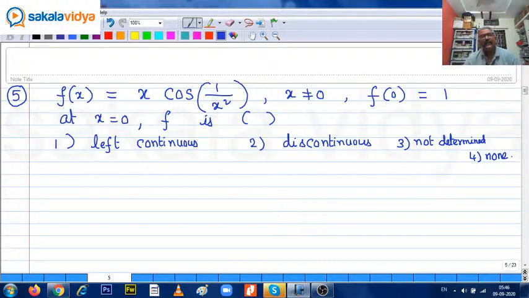Here, easily we can eliminate an option. That means it is not a piecewise function, so it's not left continuous. Leave it now. So not determined, none. It might be discontinuous. Let us check like this. Solution.